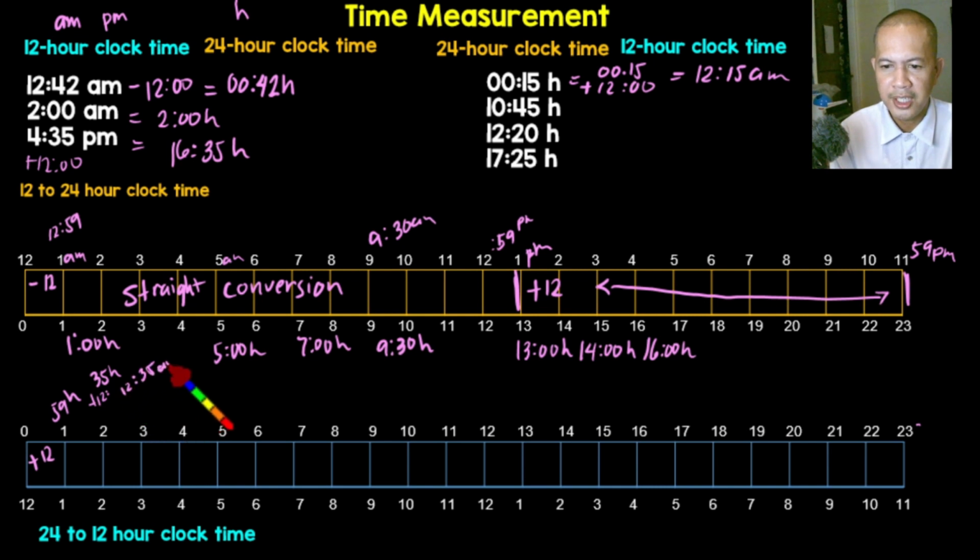The next one, from 1 a.m. to 12 p.m., we're going to have the same straight conversion.